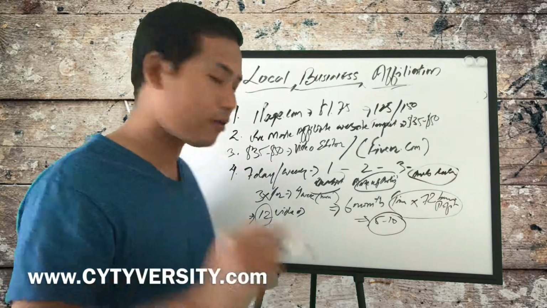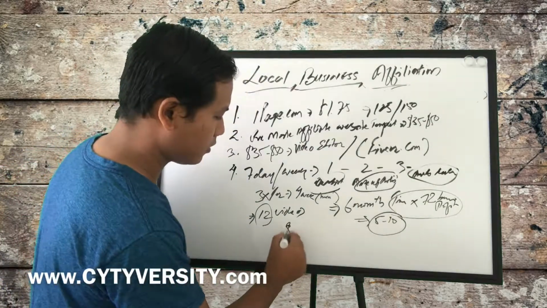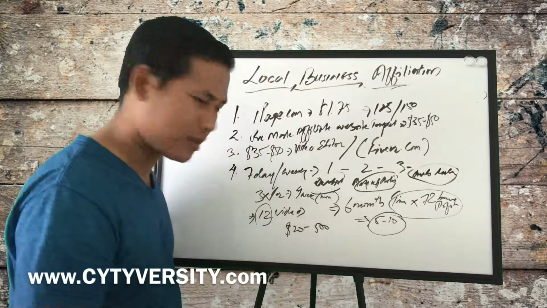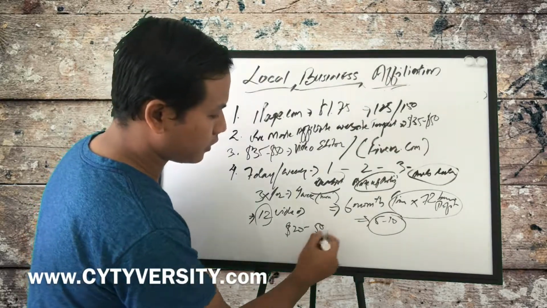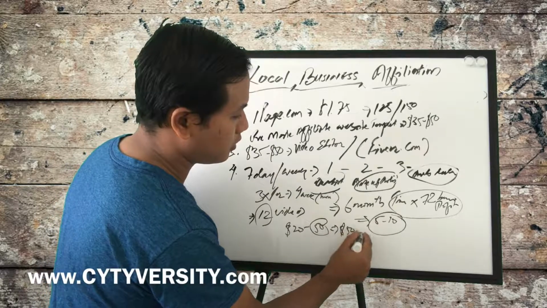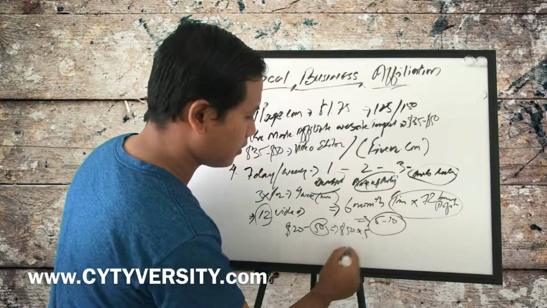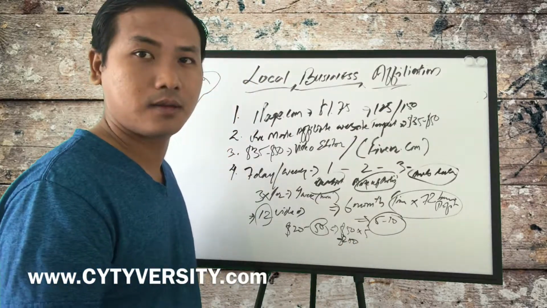And if you're making an average of $20 to $50, let's say we take $50, an average sale of 5, you're making $250 per day.